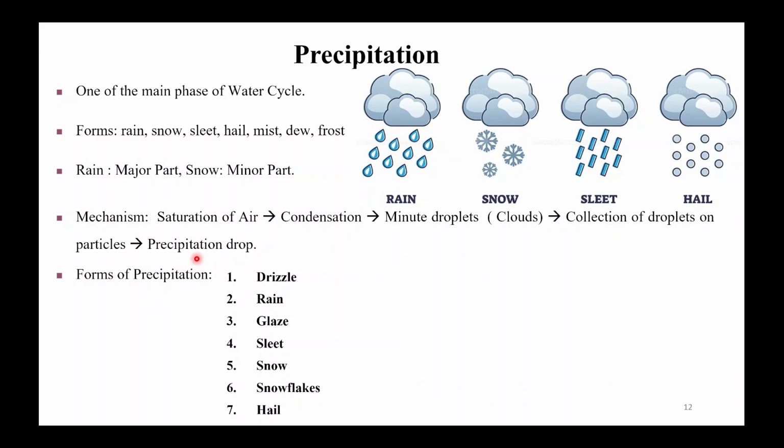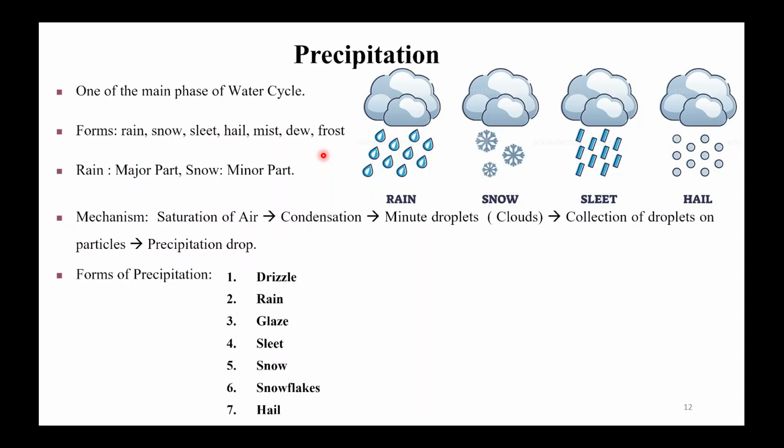Now this is precipitation, and precipitation has many forms. Although rain is the major part and snow is the minor part, it has all these forms: rain, snow, sleet, hail, mist, dew, and frost. I think you must be aware of some of these.